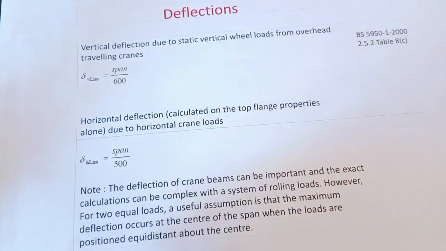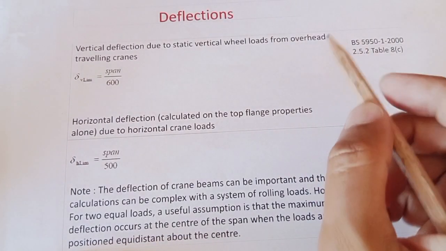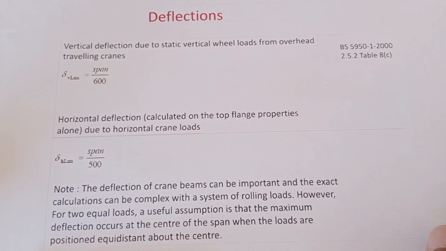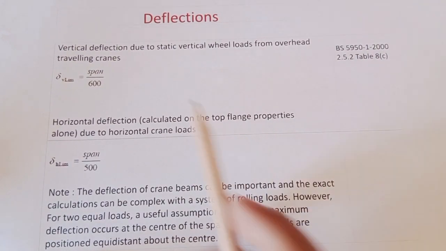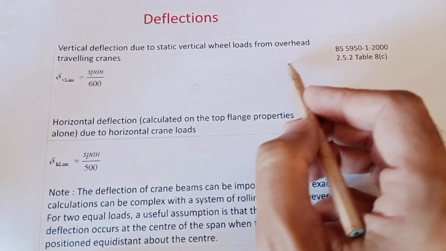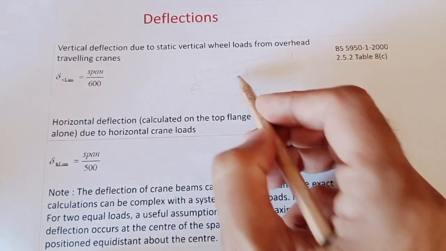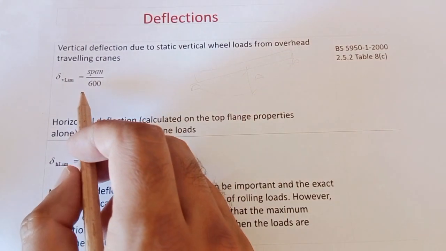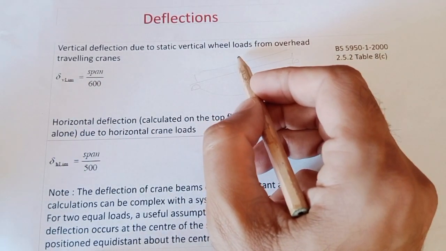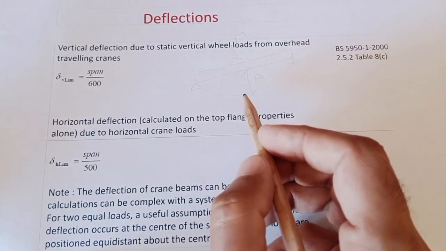The last point in rail design is deflection check. We have two dimensions for two directions for check. For the major direction, we have this deflection, span over 600, by the applied load, that we check for the biggest bending capacity here.